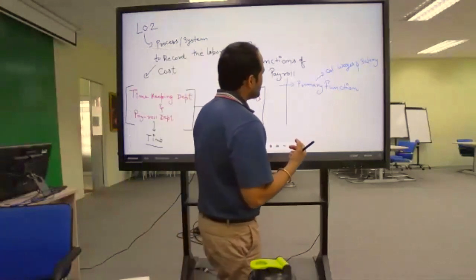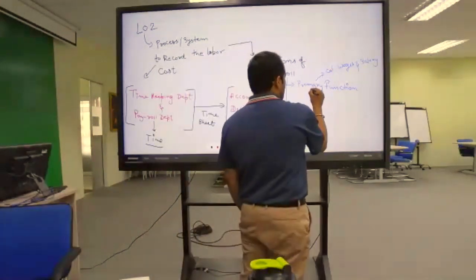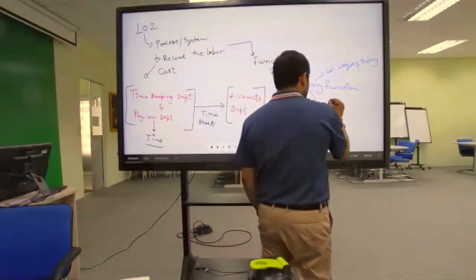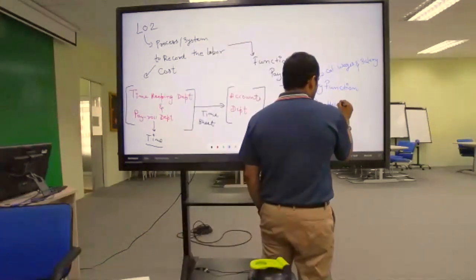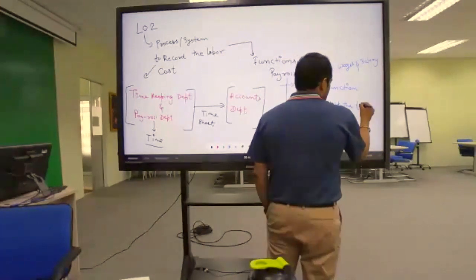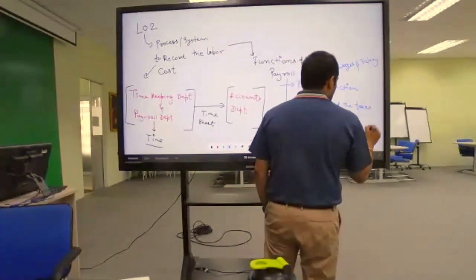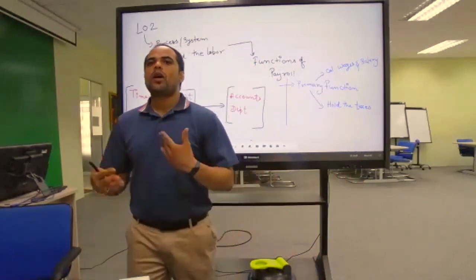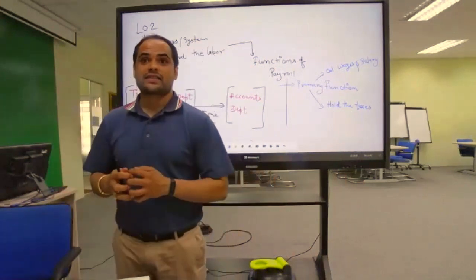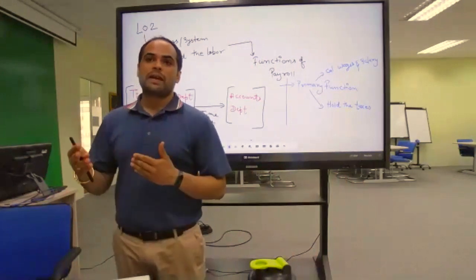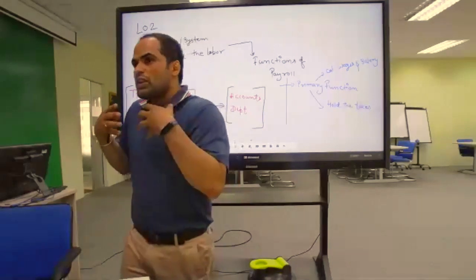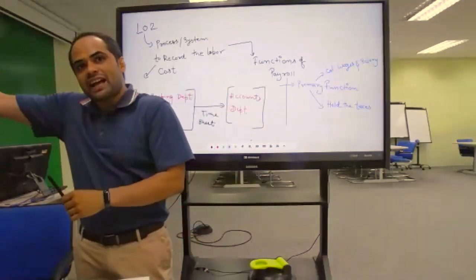Besides that, in these primary functions, they are also responsible for the taxes. When we work in a company, we have to pay tax. We do not directly pay tax to the government.